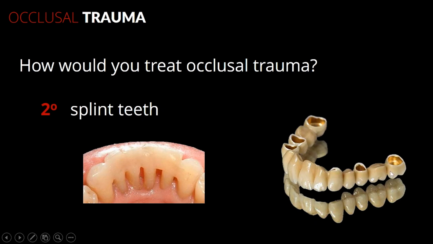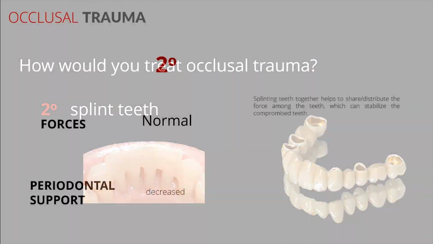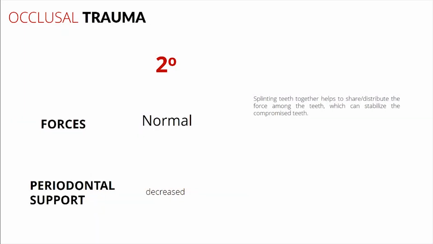Another example, if you have multiple teeth, is to make a cross arch splinted prosthesis that ties all these teeth together, again to distribute the force a little more evenly amongst the remaining teeth. So how we treat secondary occlusal trauma is to splint the teeth together.